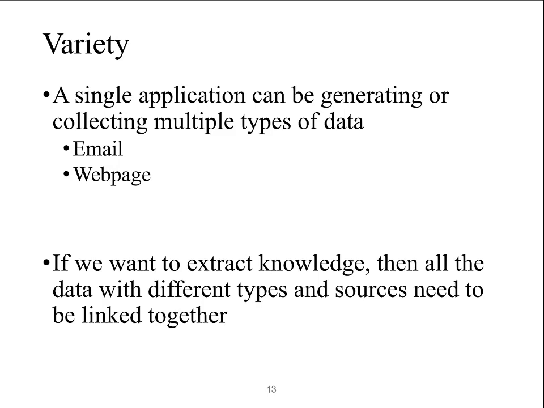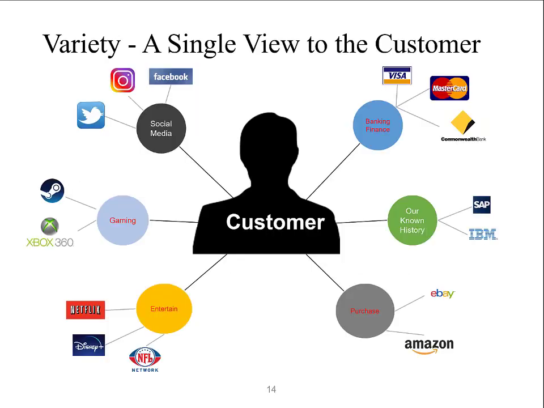On the other hand, if we want to extract knowledge, then all the data with different types and sources need to be linked together so we can get a better understanding of the knowledge or what we want to know. For example, when you want to profile a customer, you can collect information from different sources, and of course, they are in different types.